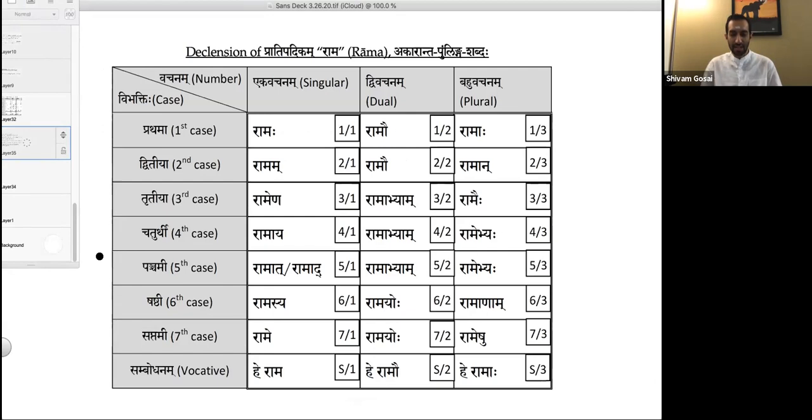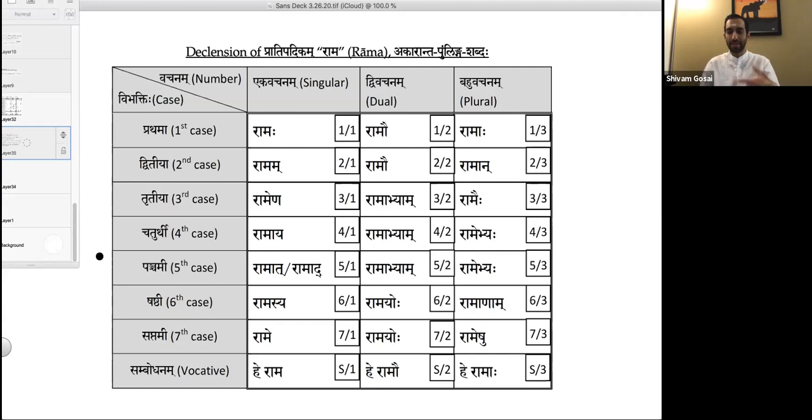Then the fourth case, Ramaya, Ramabhyam, Ramebhyah. Okay, so that fourth case again, Ramaya, Ramabhyam, Ramebhyah.